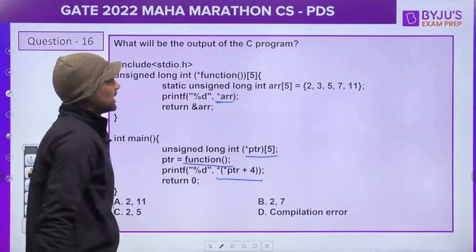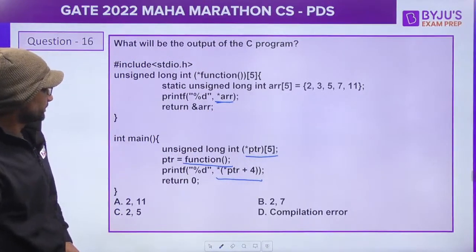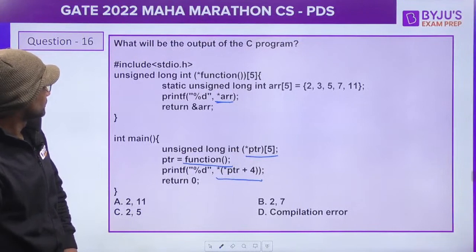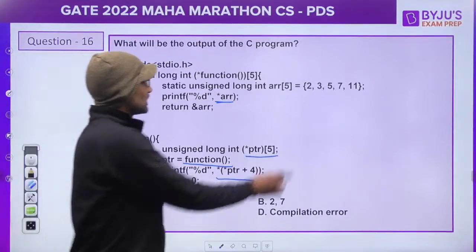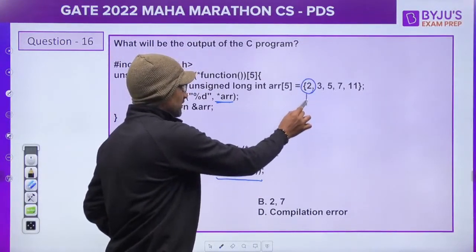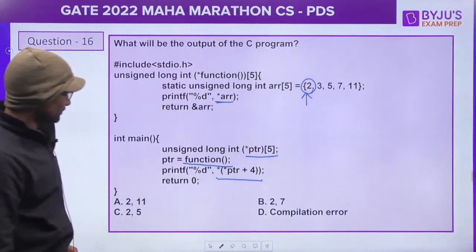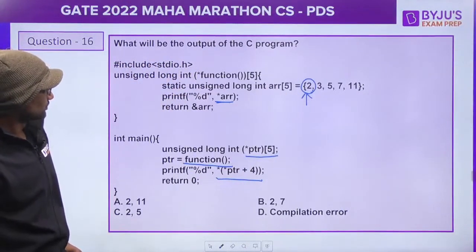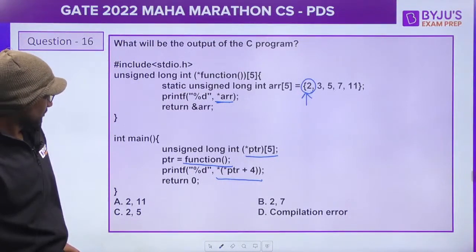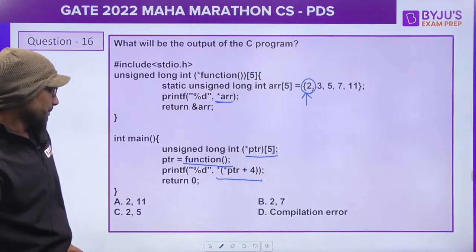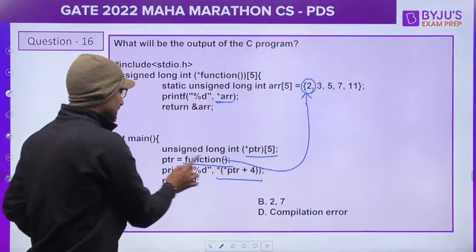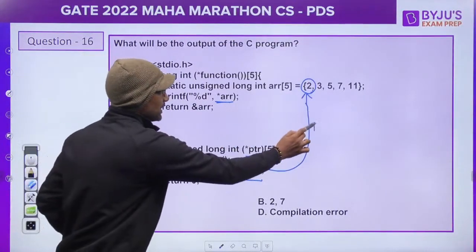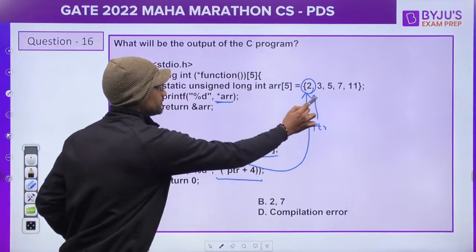Print value at ARR, that is 2, the first value. Return its address means it is returned to the pointer. So PTR is pointing here.